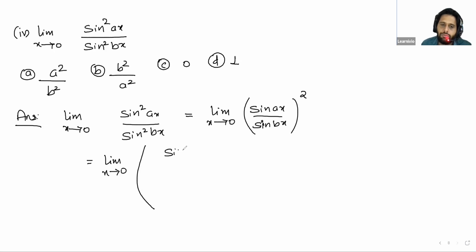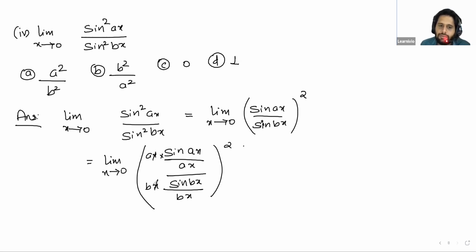Okay, so this will give limit x tends to 0, and this is sine ax. So in the denominator, we need ax. So we will multiply and divide with ax. This is sine bx by bx into this whole square. So this x will cancel out, and we have this a by b.